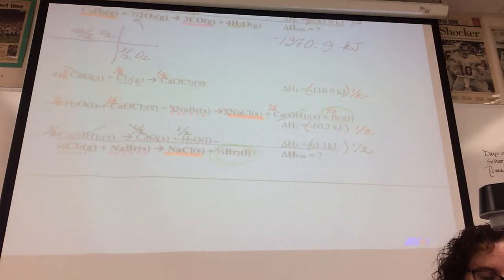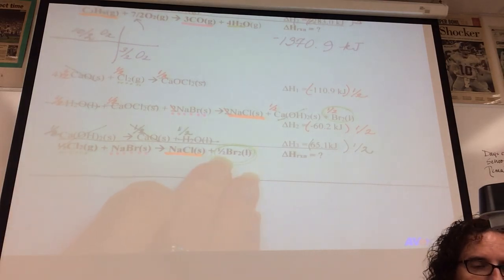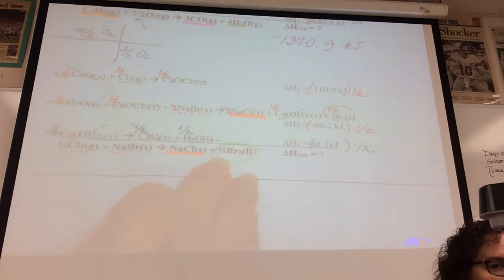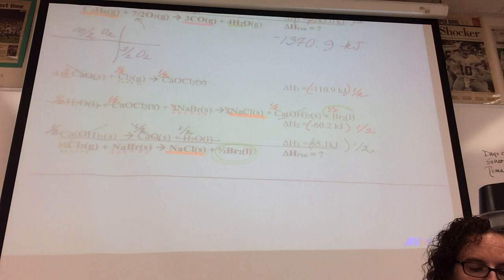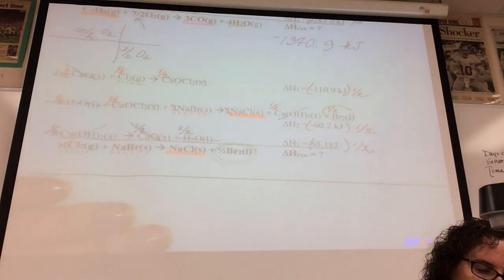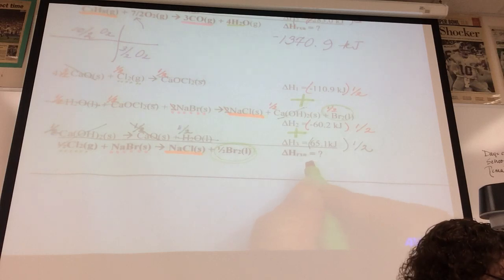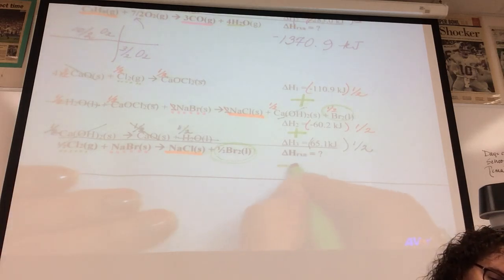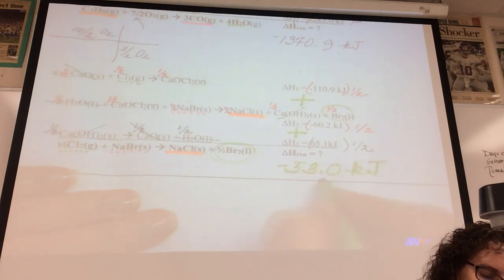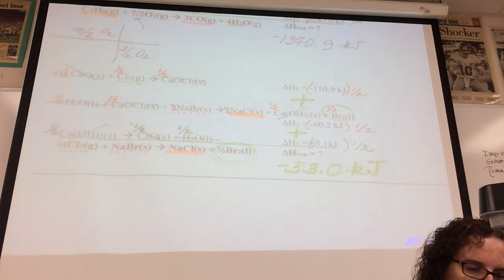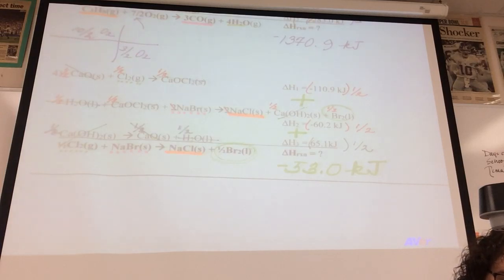So again, before you process it, make sure every substance not in the net equation cancels. That will be important. And now, as you walk through, your delta H of the reaction is the sum of all of these, which is negative 53.0 kilojoules. And again, this reaction is exothermic because the delta H for the reaction is negative, as we wrote up above.